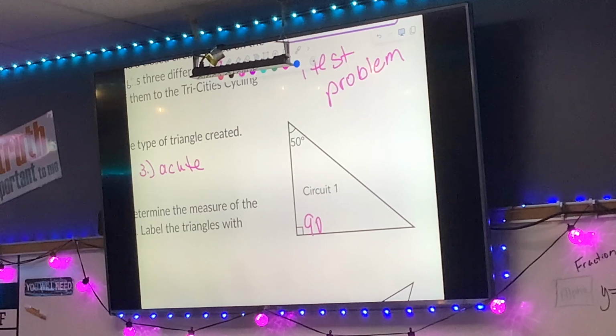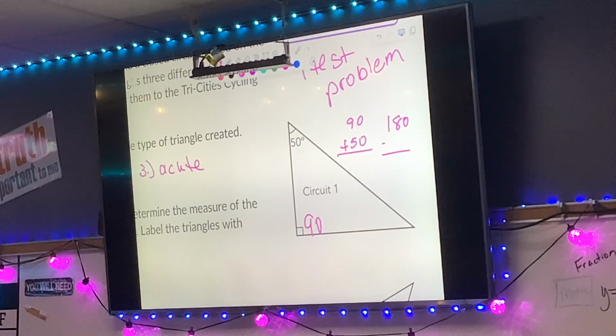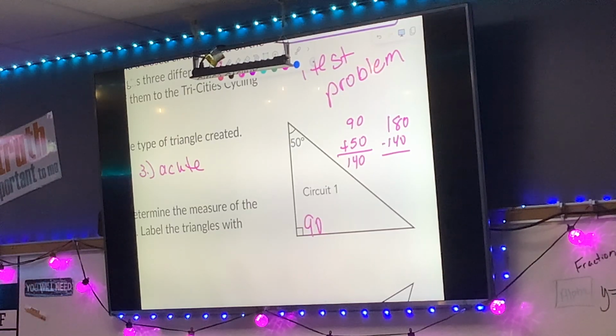You add the two other angles and then subtract from 180. Perfect. So I am going to add 90 plus 50. You have a calculator. 140. Then I take that and I put it underneath my 180 and I'm going to subtract. 40. My missing angle is 40.